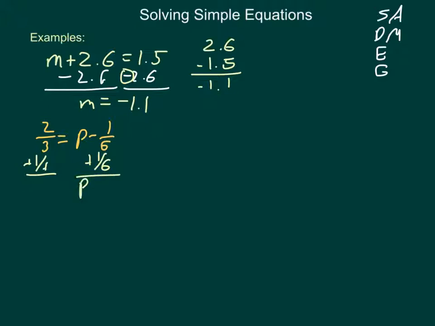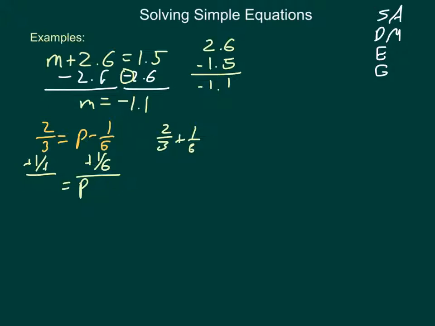That gives me p equaling 2/3 plus 1/6. Quick refresher again on my addition of fractions. 2/3 plus 1/6. In order to add fractions, I have to have equivalent denominators.